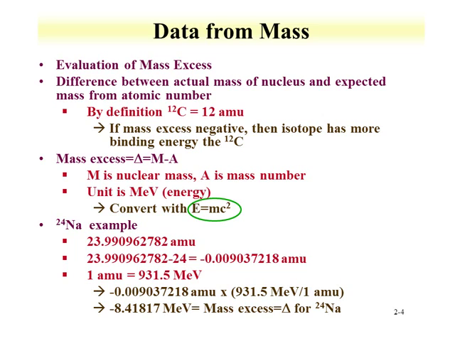So M minus A, this value minus 24, is equal to negative 0.00903 atomic mass units. If I use this conversion, 1 atomic mass unit is equal to 931.5 MeV, mega electron volts, I run through this equation, and I get a mass excess of negative 8.42 MeV for sodium-24.